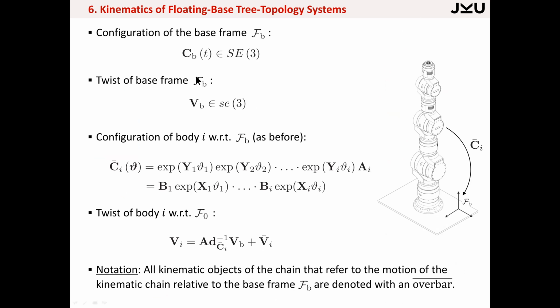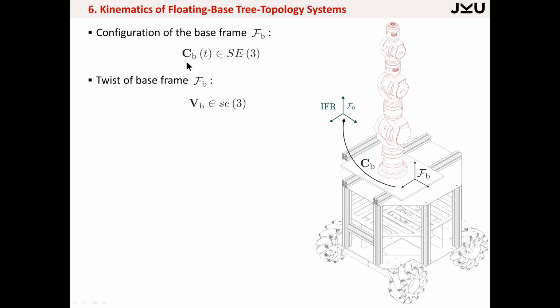The only thing that changes is that now the motion of this base frame relative to the inertial frame is not constant but changing, and this is called CB, the base pose, as a function of time. Again, this is an element of SE(3) because it's of course a spatial motion, and there is a corresponding twist to this.